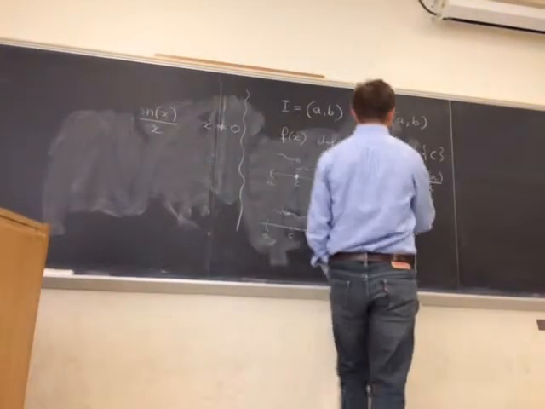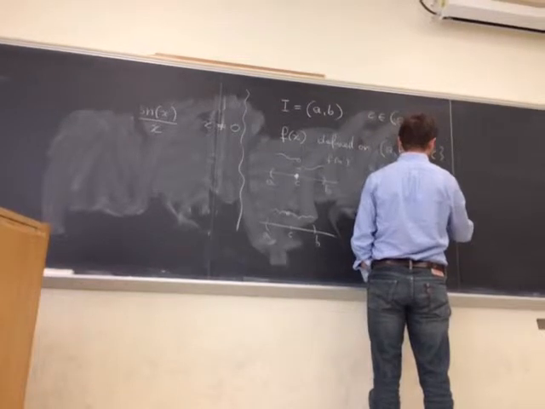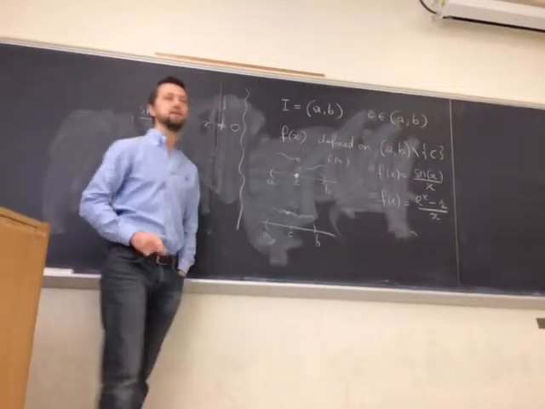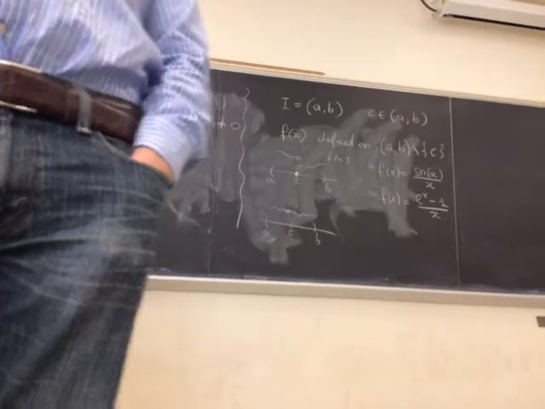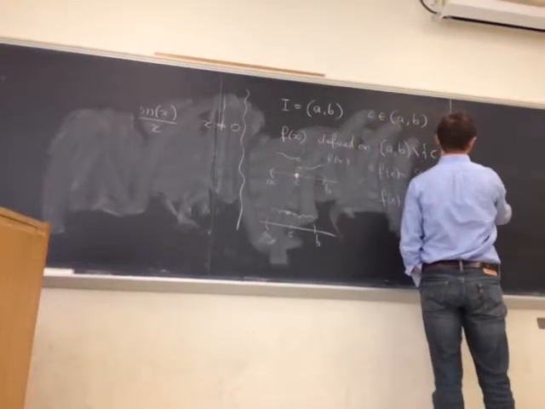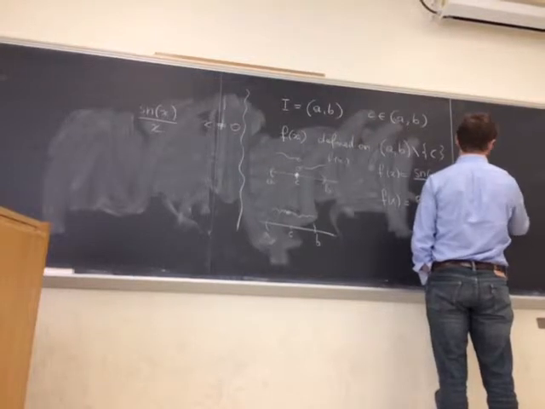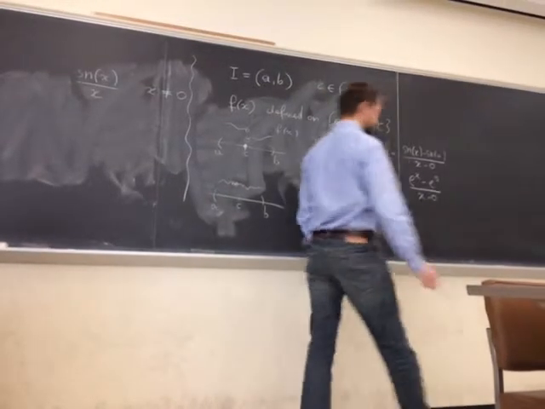If you want to compute the derivative of the exponential function at 0, you will be confronted with a quantity like e to the x minus 1, which would be e to the x minus e to the 0, divided by x minus 0, the incremental ratio of the exponential at the point 0, right? So this would be sine of x minus sine of 0 divided by x minus 0, and this would be e to the x minus e to the 0 divided by x minus 0.